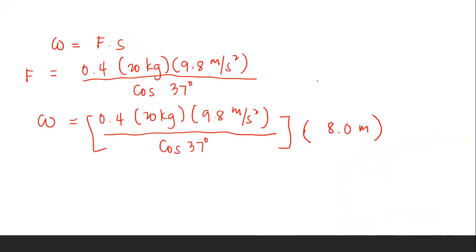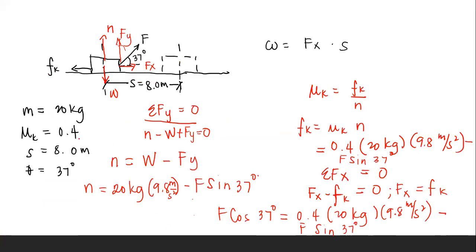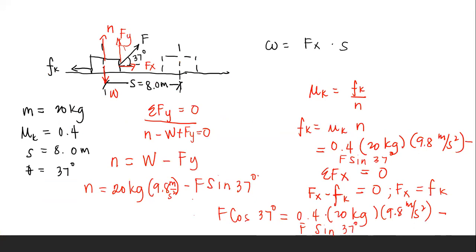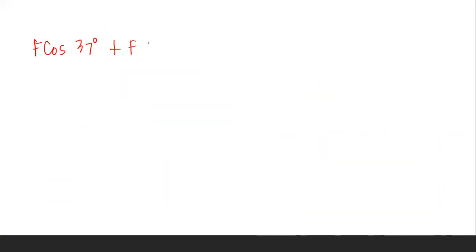Okay, therefore we have F cosine 37 degrees plus F sine 37 degrees equal to 0.4 times 20 kilogram times 9.8 meter per second squared.